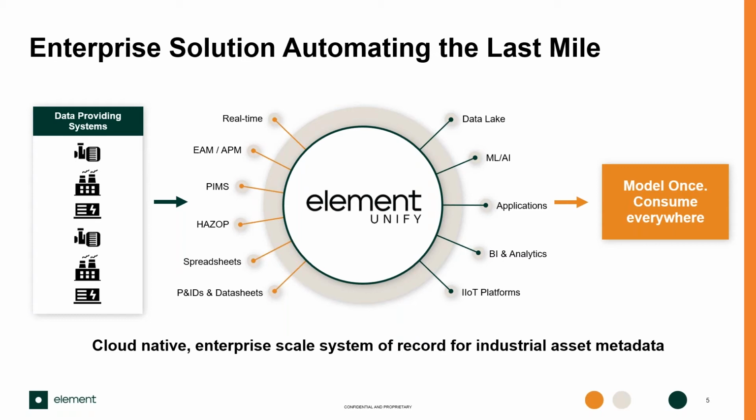And what Unify does is what I used to tell my executives to help them understand what this was in my previous assignment: Unify helps you make a Google map to your data. It helps you understand when you go somewhere that you've never been before, where do I get a cup of coffee? Where do I park? Where do I get lunch? And that's what this does for your data.